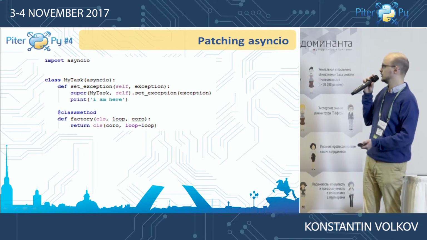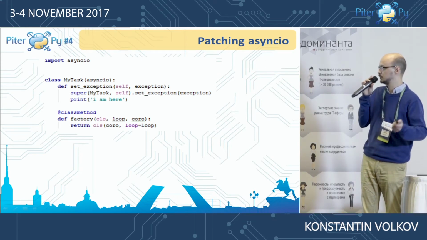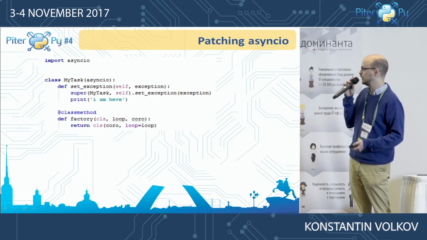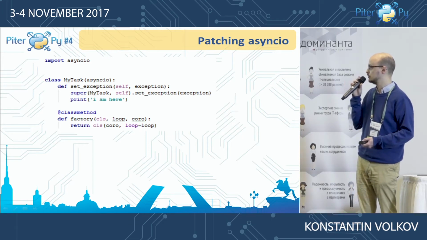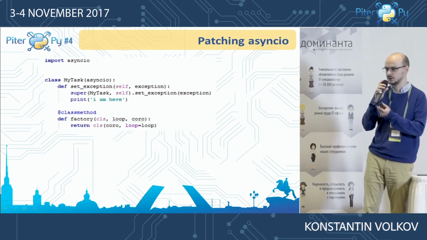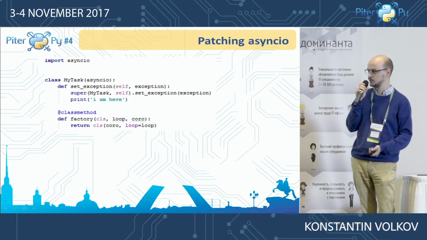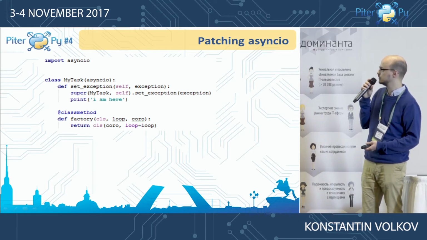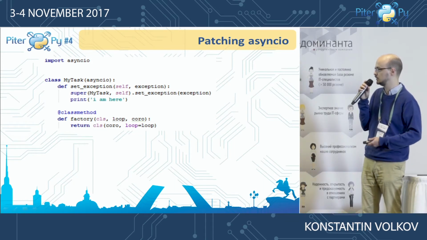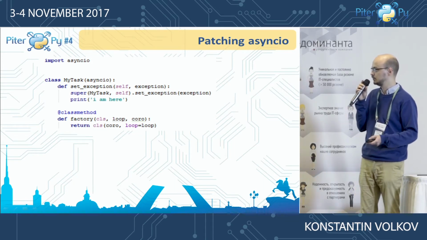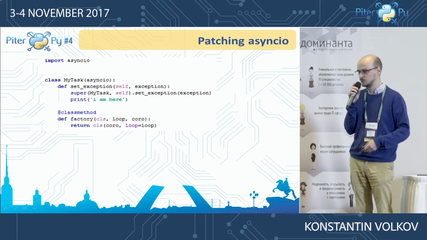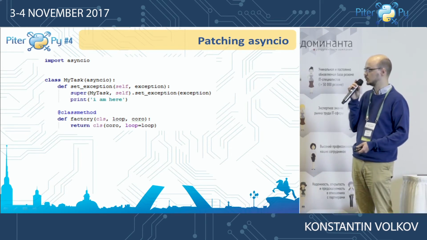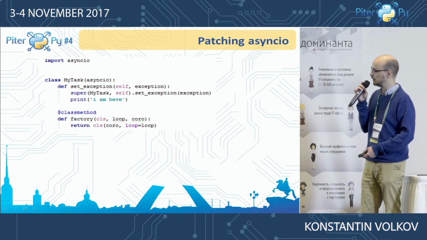Another obvious thing, and it cost us some time and nerves, is patching Asyncio. We wanted to correct what's going on inside, the task that is rolling in a loop, and we did some logging that would enable us to do the tracking.